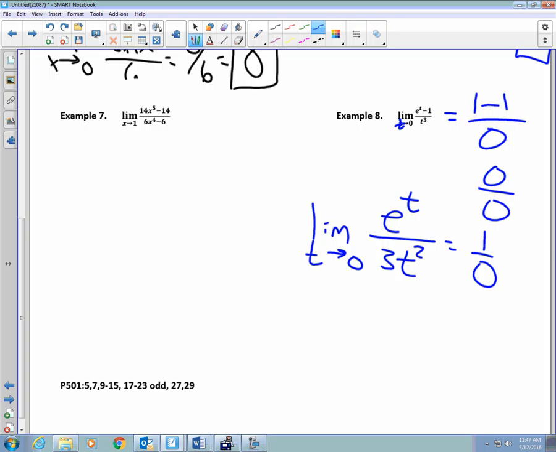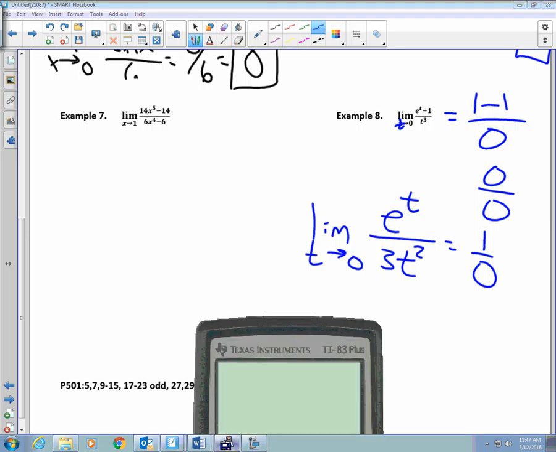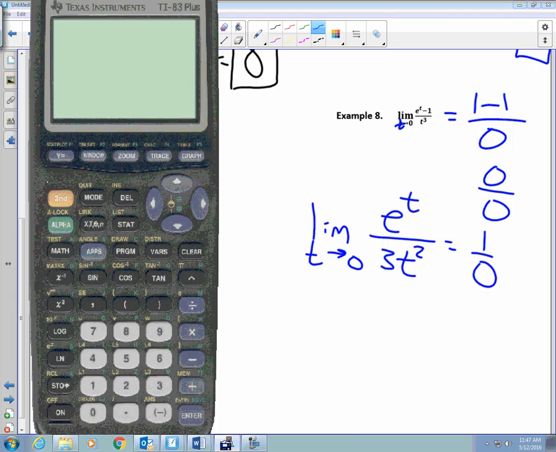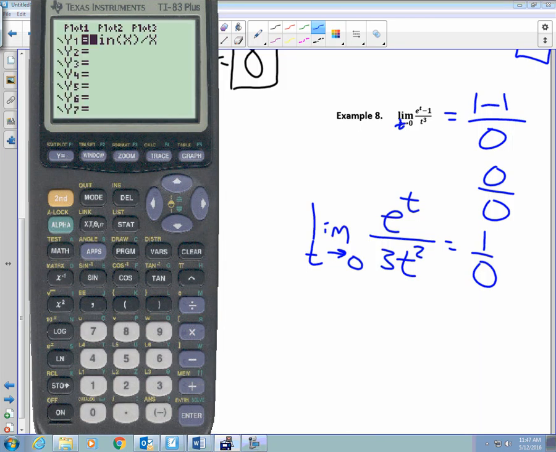So you can't really get through this type of problem without a graphical approach. So what we need to do is consider the graph. I'm going to go into y equals and type in parentheses e to the x minus 1, divided by parentheses x to the third.